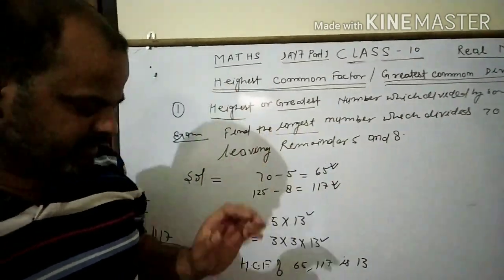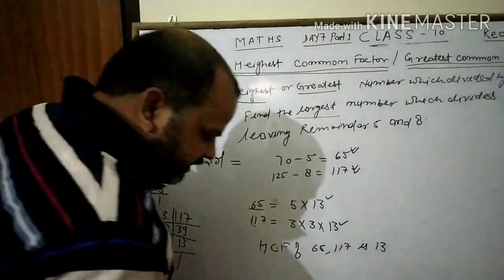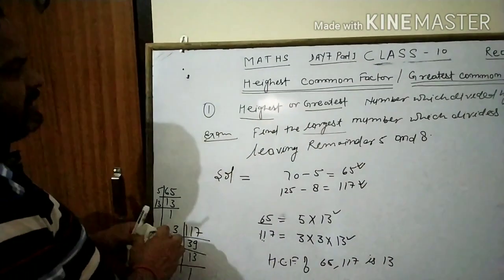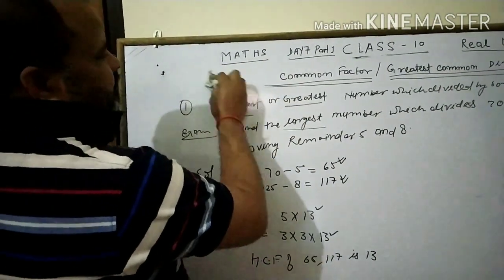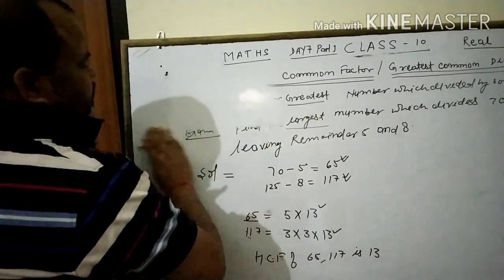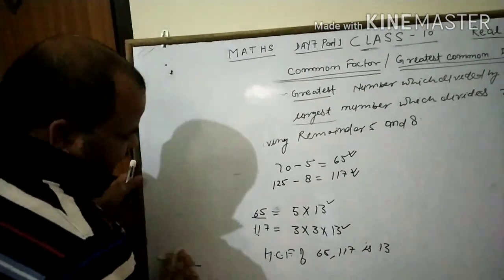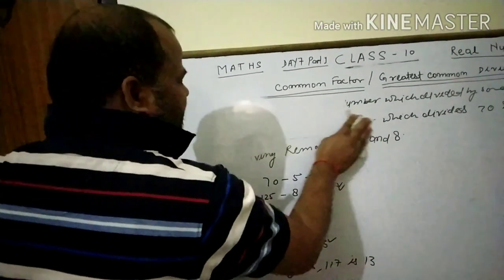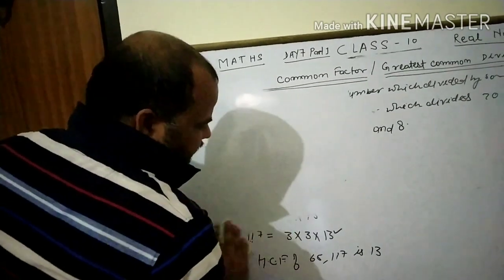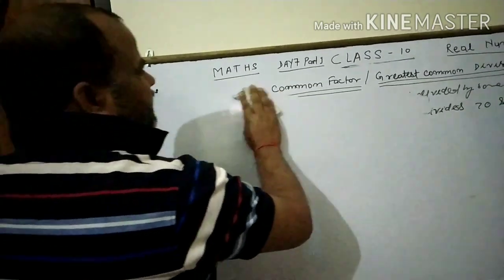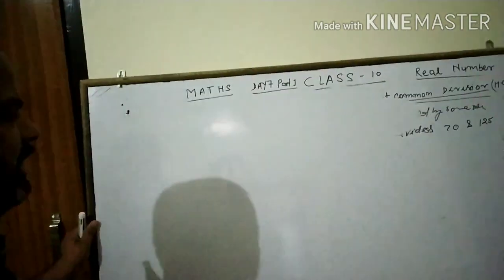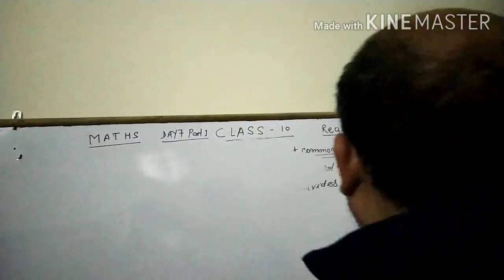Is that clear? In the same way, if in the question it is asked about the least common multiple, we will not discuss factor and multiple because everyone is aware of them from our earlier classes.